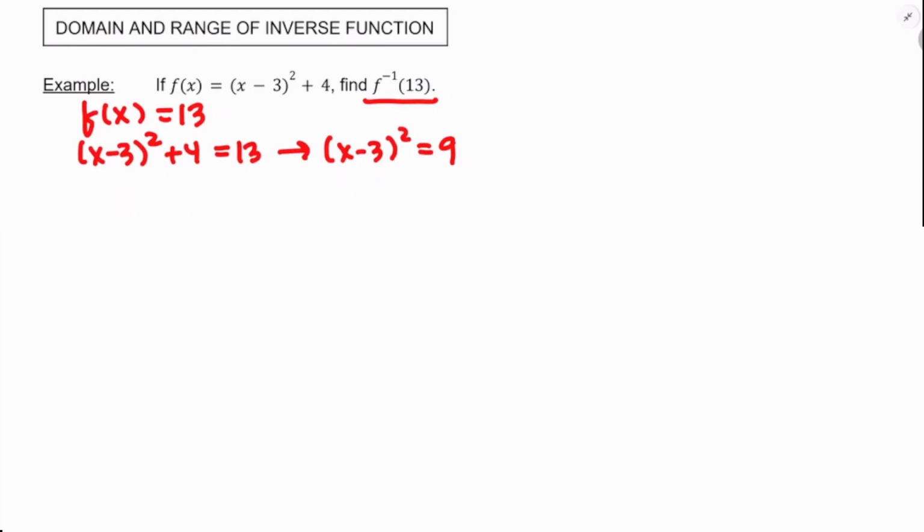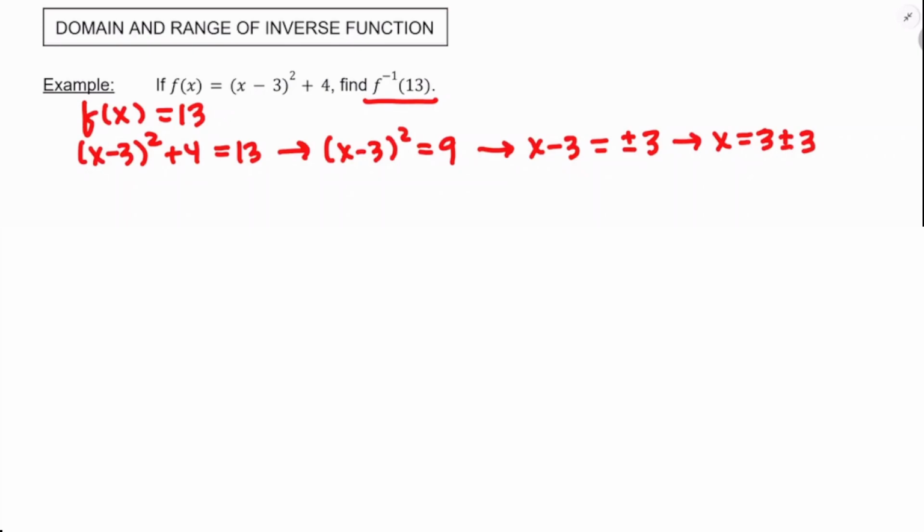And I kind of see this going somewhere, right? You can say, okay, well, I can take the square root of both sides. Now we need to remember, anytime we take the square root of both sides of an equation, that does bring in a plus or minus. So that's going to be plus or minus 3. And then we keep solving this equation, and we get x equals 3 plus or minus 3.